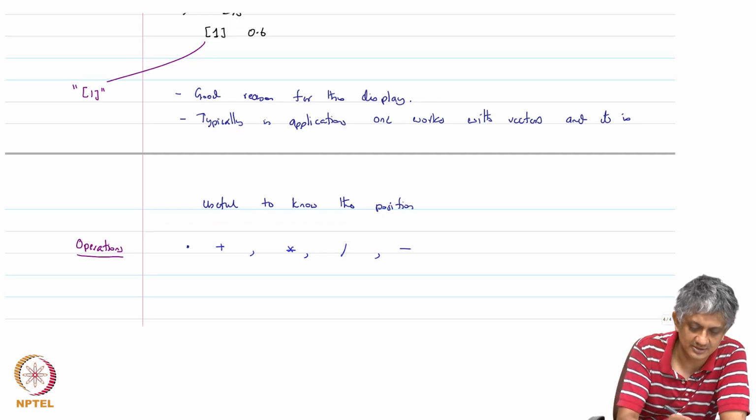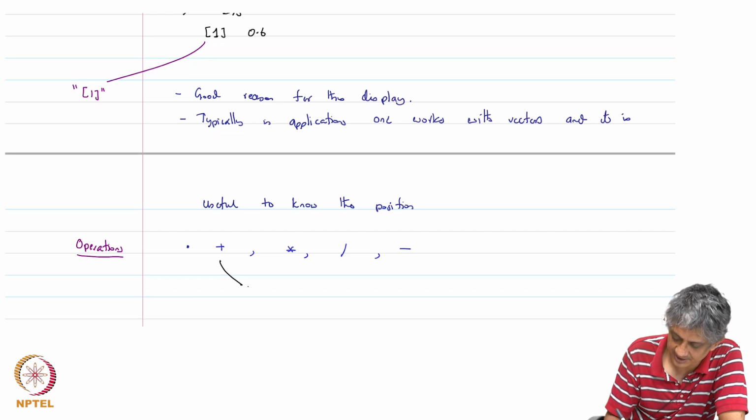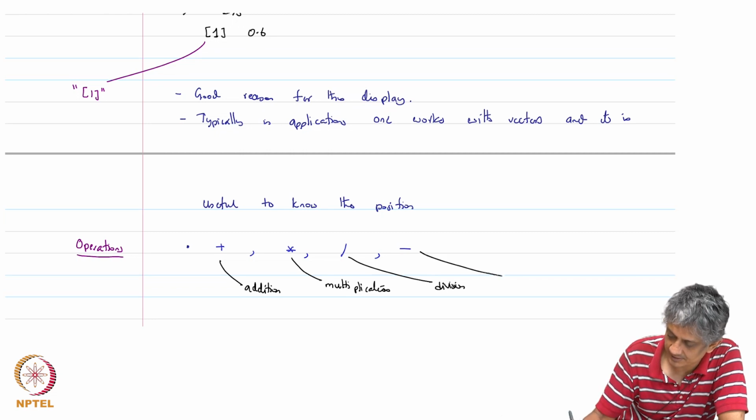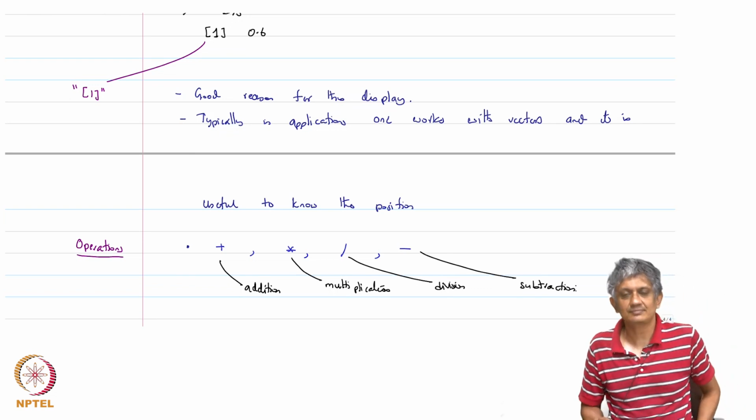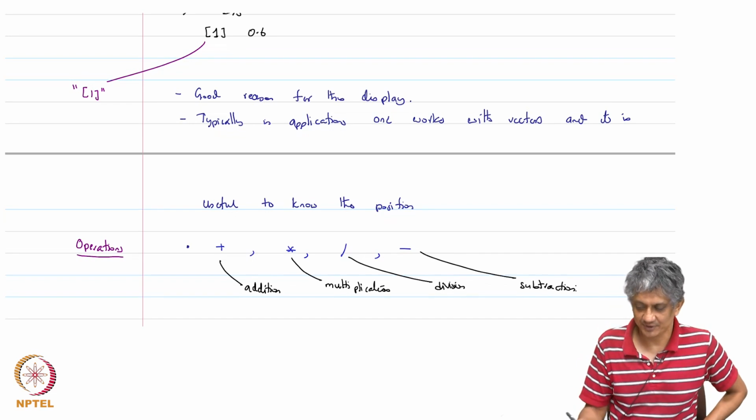So no problem, these are the usual operators in R: addition, multiplication, division, subtraction. Very good. That's the set of basic operations we've seen so far.